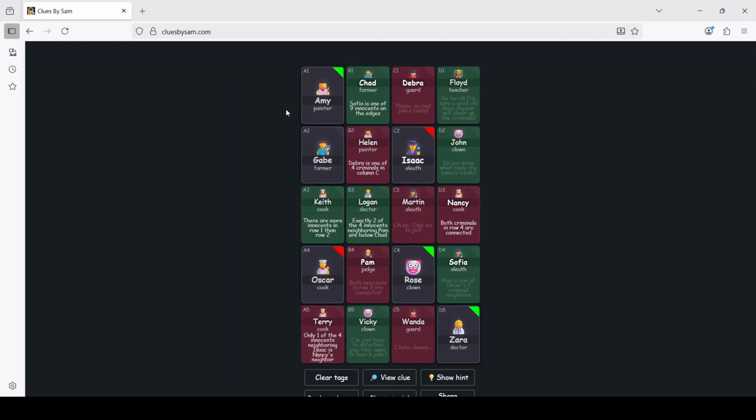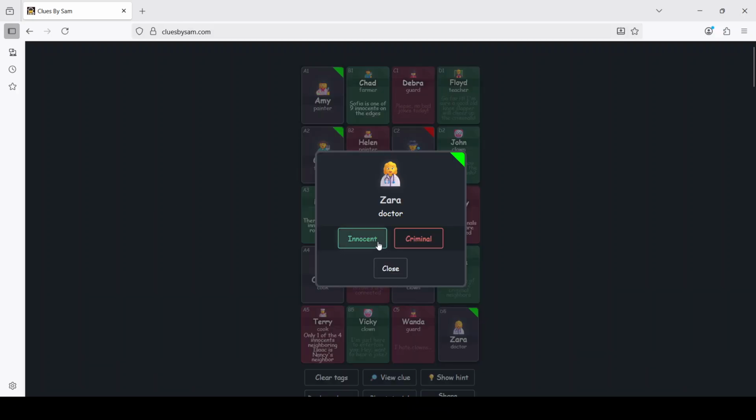Amy does have to be innocent no matter what, for there to be more innocence in this row than in the second row. But let's count up innocents on the edges. Right now we've got 1, 2, 3, 4, 5, 6, 7, 8, and then, yeah, Gabe does have to be innocent for there to be 9. That is telling us that Zara is innocent no matter what.